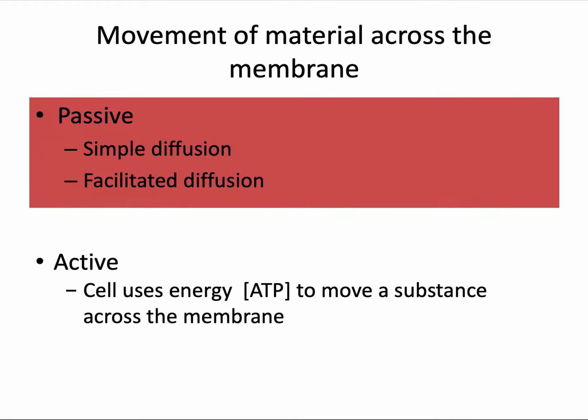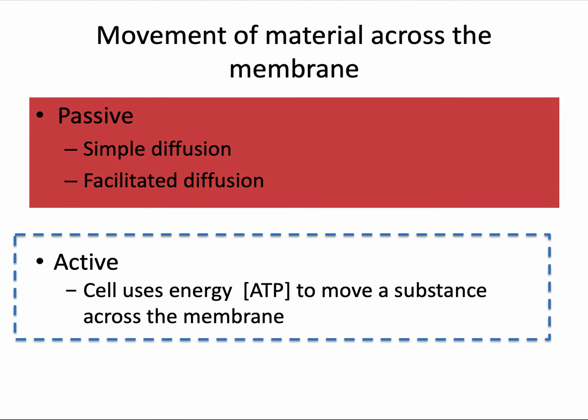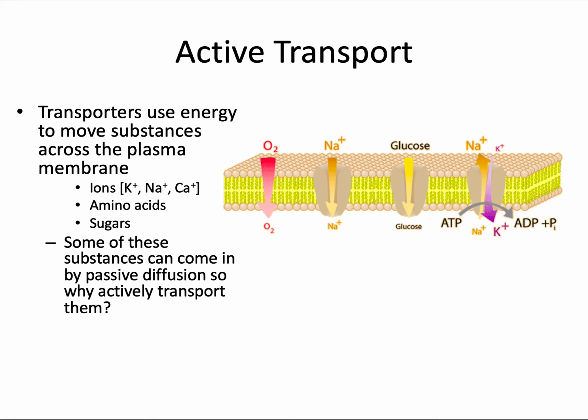So in addition to the passive movement of molecules across membranes, there is the active movement of molecules across membranes. In addition to the integral proteins helping molecules move from an area where they are in high concentration to an area where there is low concentration, facilitated diffusion, there are instances where you have more of the molecules, let's say, within the cell, but the cell needs even more of it.